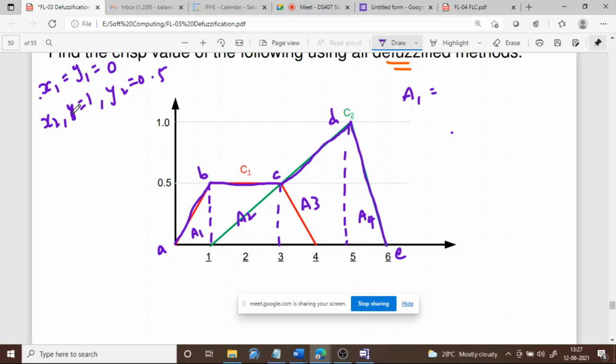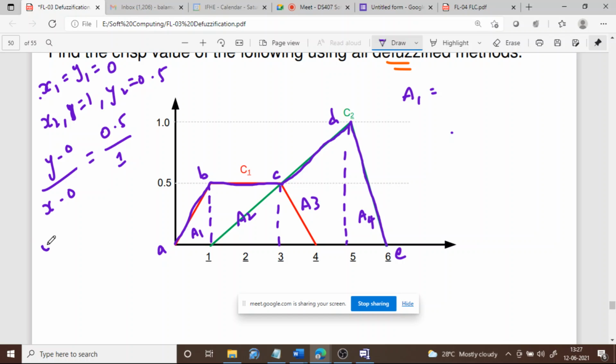Now if you plug into this equation, y minus 0 divided by x minus 0 equals y2 minus y1, that is 0.5 minus 0, which is 0.5, divided by x2 minus x1, which is 1 minus 0, is 1. 0.5 by 1 is 0.5.